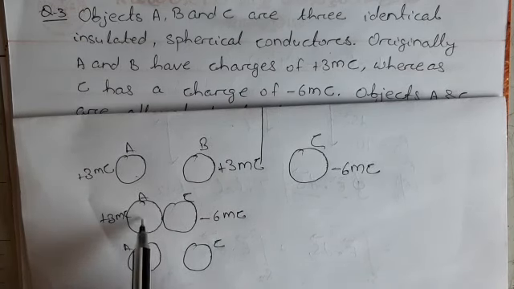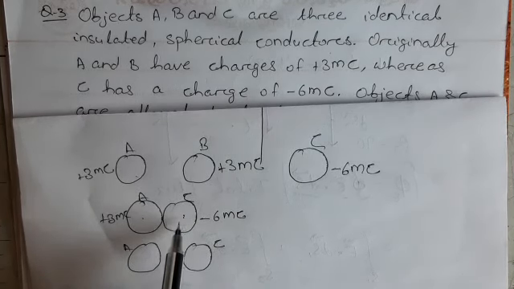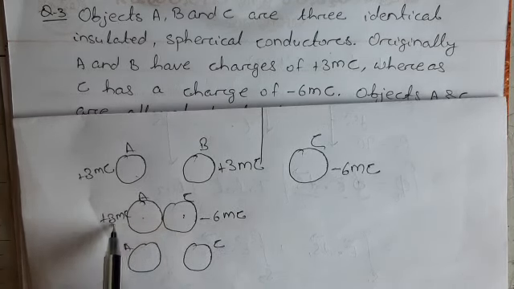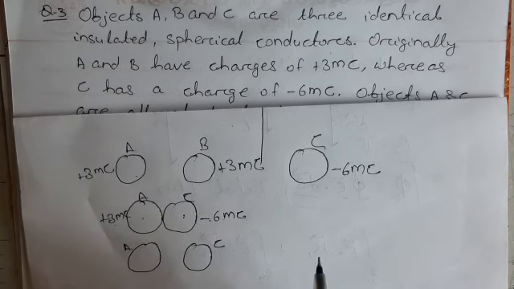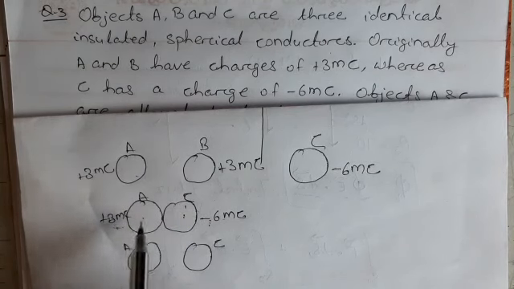Then what charge is acquired by A and what charge by C? The charge transfer takes place between C and A. As C is negatively charged and A is positively charged, electrons will transfer from C to A.